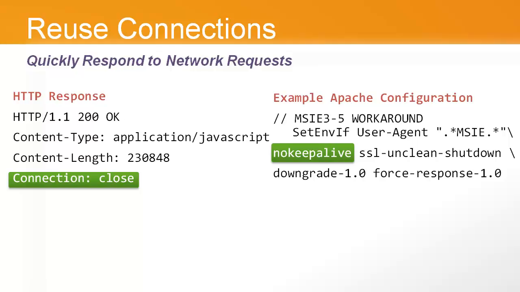And the reason for this is to counter a bug with IE 5.5. So if you have to support Internet Explorer 5.5, you should keep this, but if not, you should remove it, because this is making your connections a lot slower than they should be, and the responses going back to the client are a lot slower due to all of this overhead work that is happening.